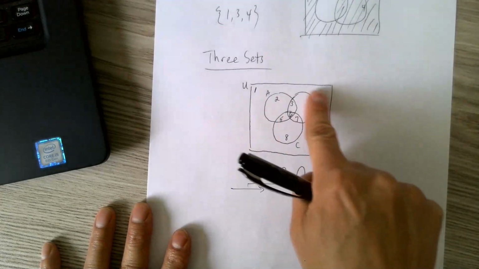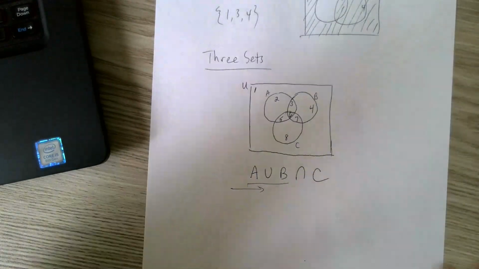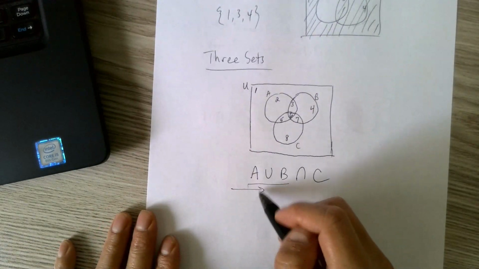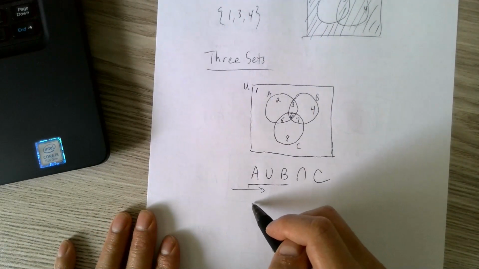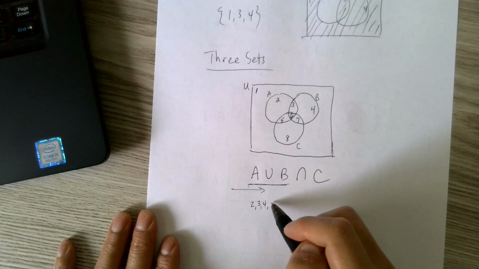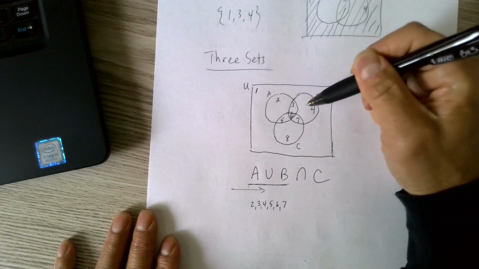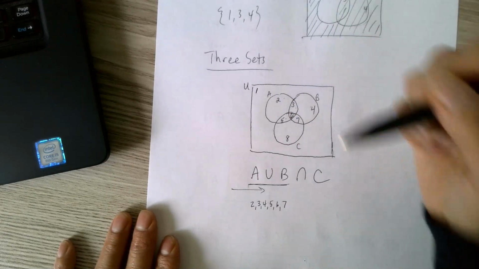So A union B means I keep all the elements that are in A and B all together. So this would be 2, 3, 4, 5, 6, 7.